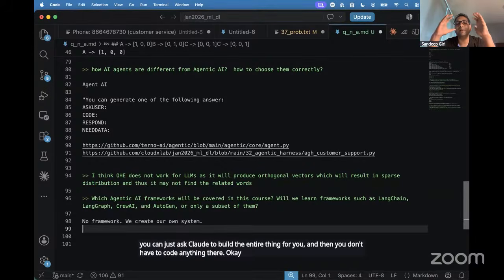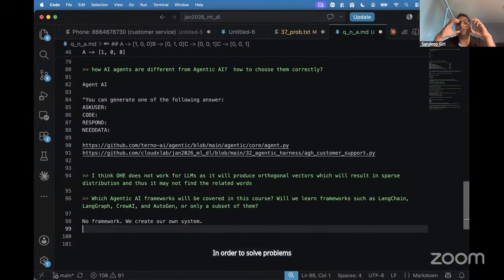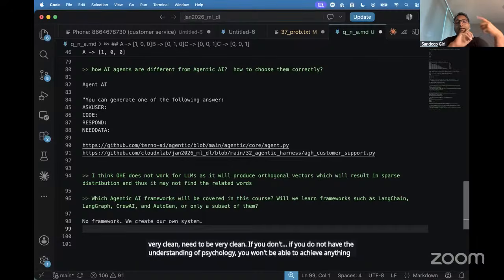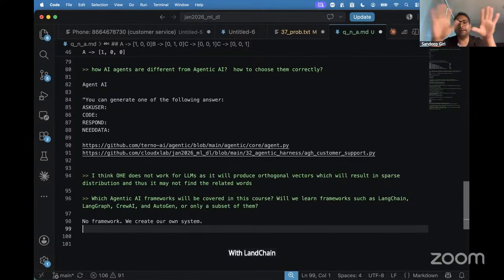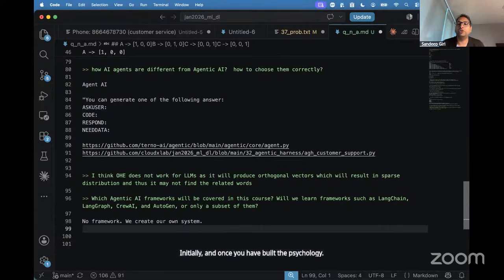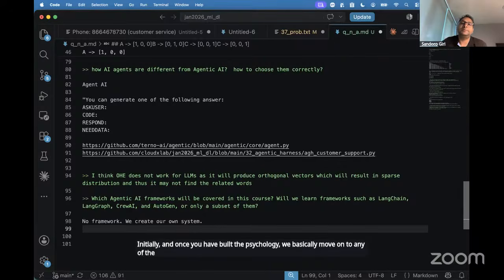The most important part is that in order to solve problems, your understanding of the psychology of AI needs to be very clean. If you do not have the understanding of psychology, you won't be able to achieve anything with LangChain, LangGraph, nothing. I have seen this in the past, so that's why we hand code everything initially, and once you have built the psychology, we move on to any framework that's needed.